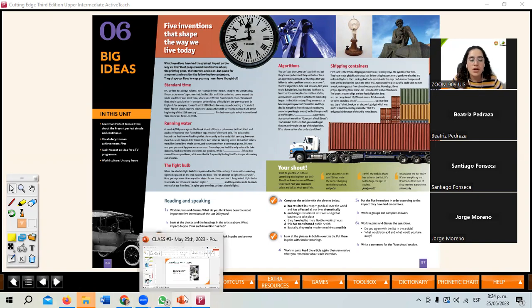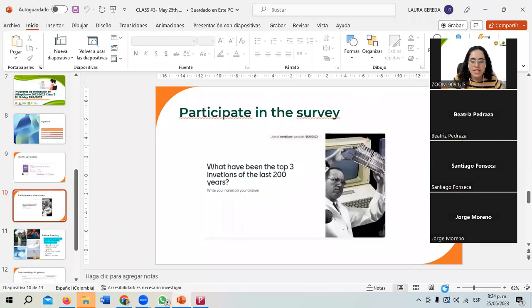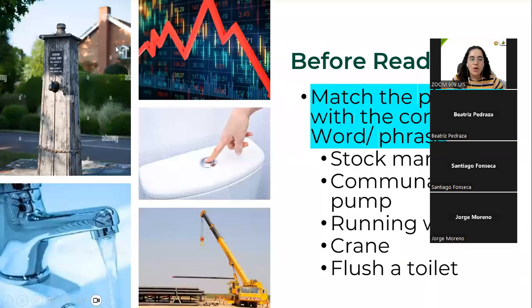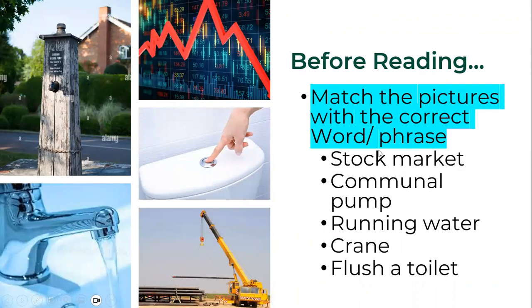All right, before we go on the book and read the text, I want to clarify some vocabulary that we're going to see in the article. Okay, so I'll give you some minutes to check on the pictures and match them with the correct word or phrase.